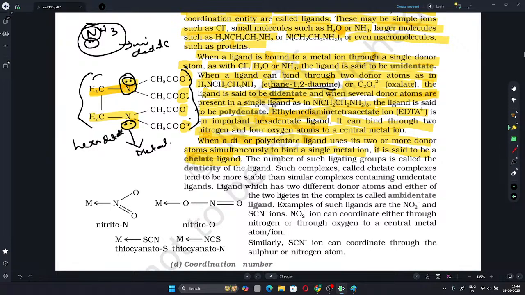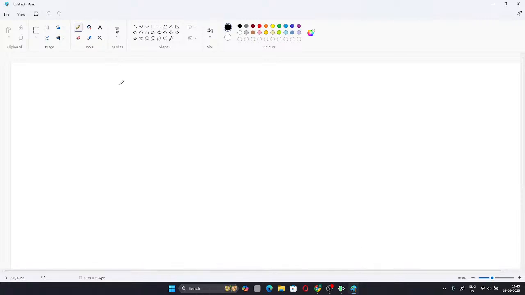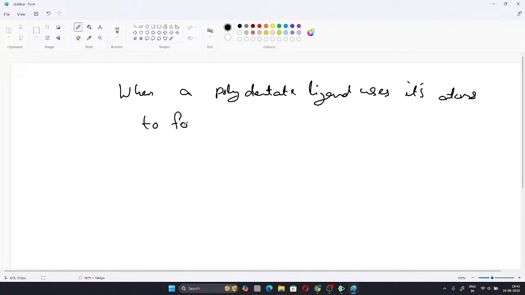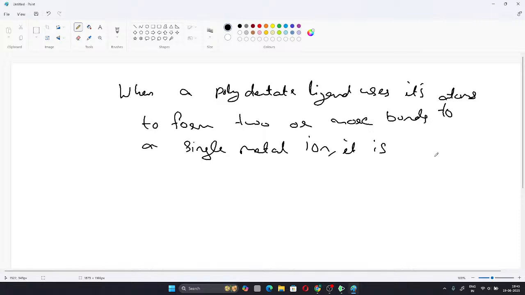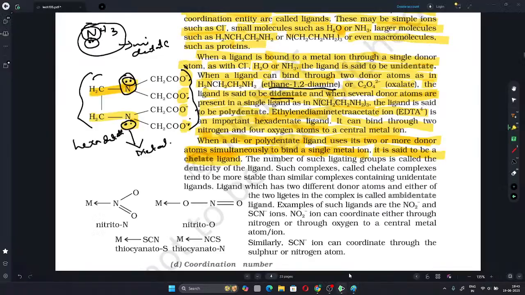Let's see it again: when a polydentate ligand uses its atoms to form 2 or more bonds to a single metal ion, it is called a chelate ligand.